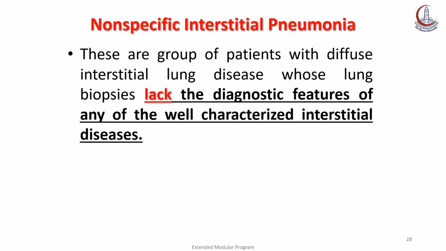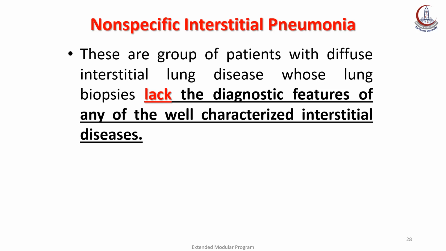Non-specific interstitial pneumonia: the patients of this group show diffuse interstitial lung disease, and their lung biopsies lack the diagnostic features. There is lung fibrosis but lacking the diagnostic features.